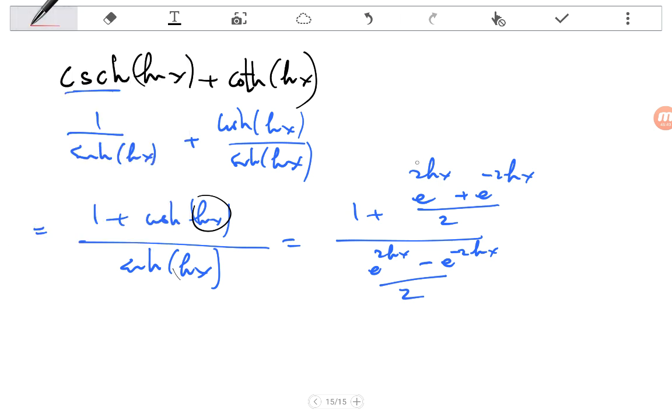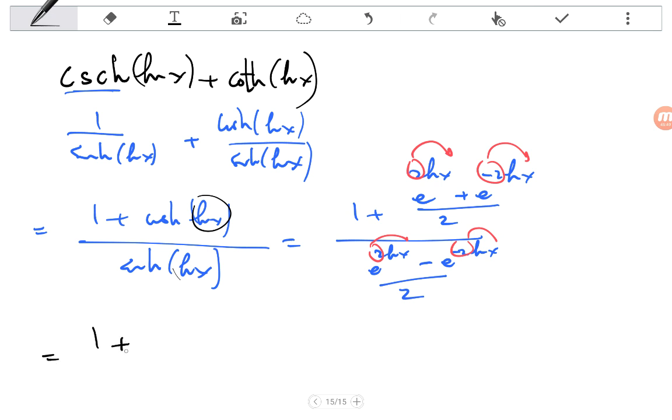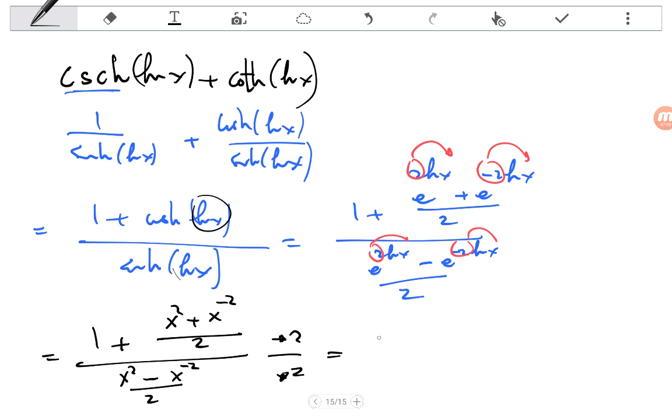Do you remember how to cancel the e with the ln? I take these above like this. So it will be 1 plus x squared plus x power negative 2 over 2, over x squared minus x power negative 2 over 2. I can multiply by 2 above to be 2 plus x squared plus x power negative 2 over x squared minus x power negative 2.